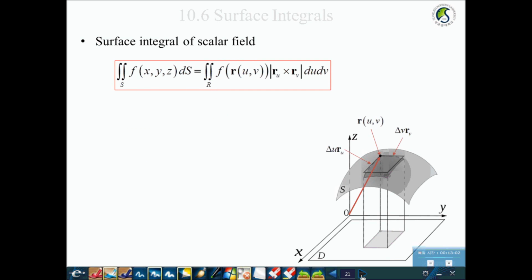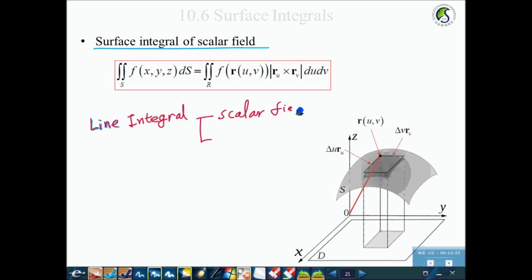So I'm going to move on to surface integral now. If you remember from line integral, you had the scalar field case and the vector field case. And we have the same stuff for surface integral.